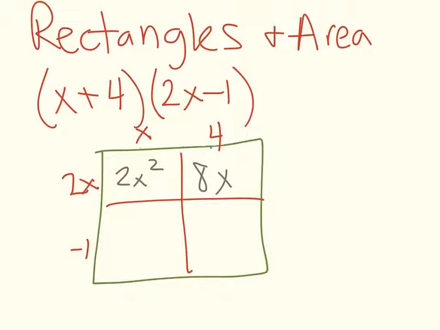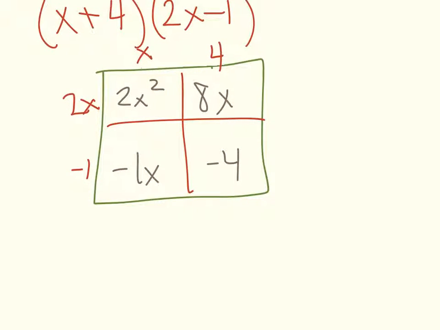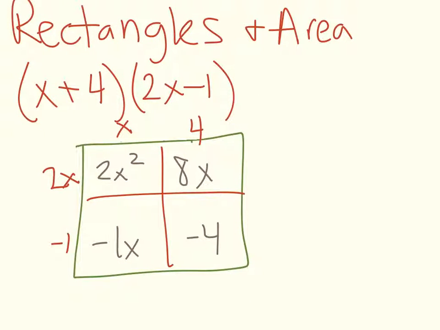The bottom left box has dimensions negative 1 and x for an area of negative 1x, and the bottom right box has an area of negative 4. To find the total area of this box, it should make sense that we're going to add these areas together. So multiplying these binomials gives us a total area of 2x squared plus 8x minus 1x minus 4.